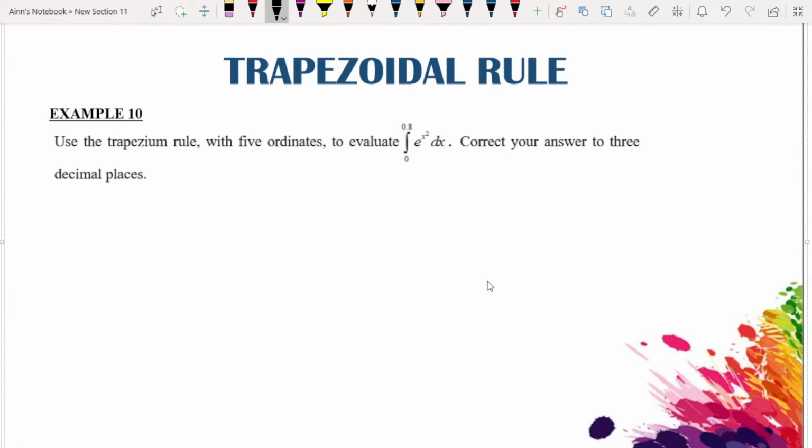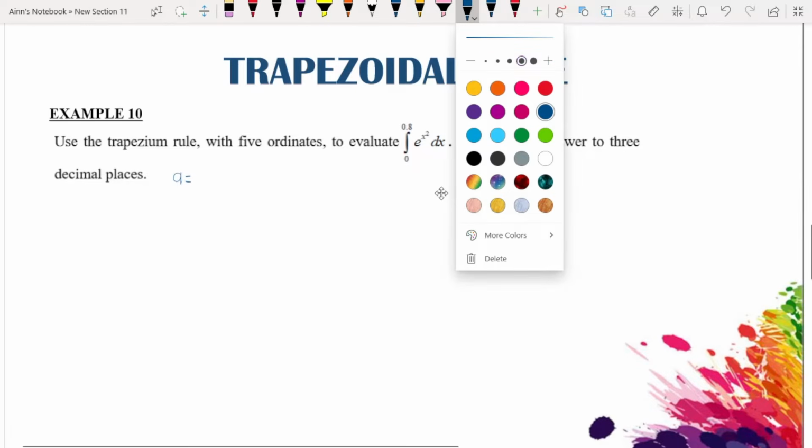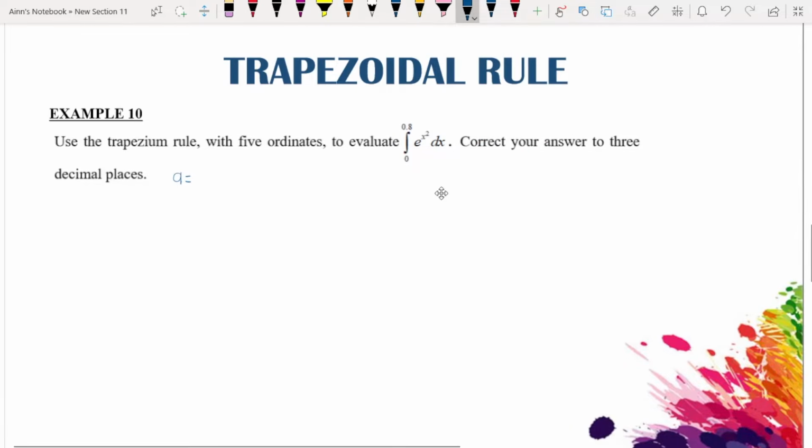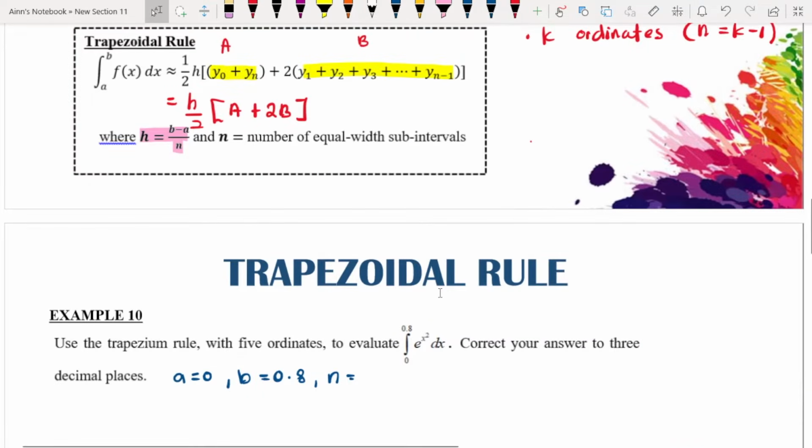Let's take a look at example 10. The question asks to use the trapezium rule with 5 ordinates to evaluate the integral of e to the power x squared from 0 to 0.8. As you can see here, we have a equals 0 and b equals 0.8, and our n, as you can see from the keyword here, we have 5 ordinates.